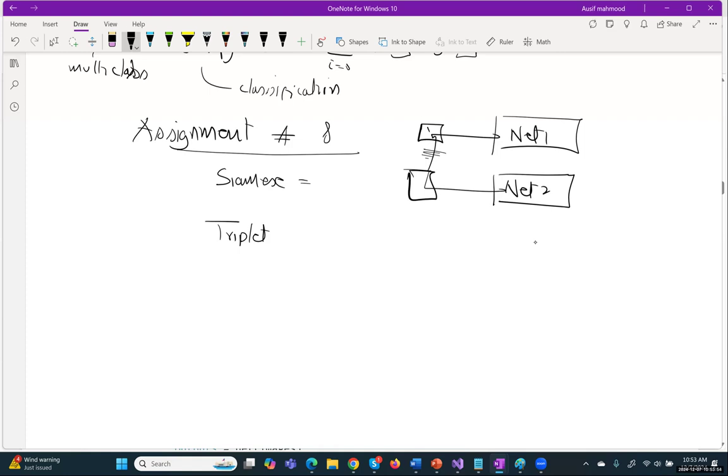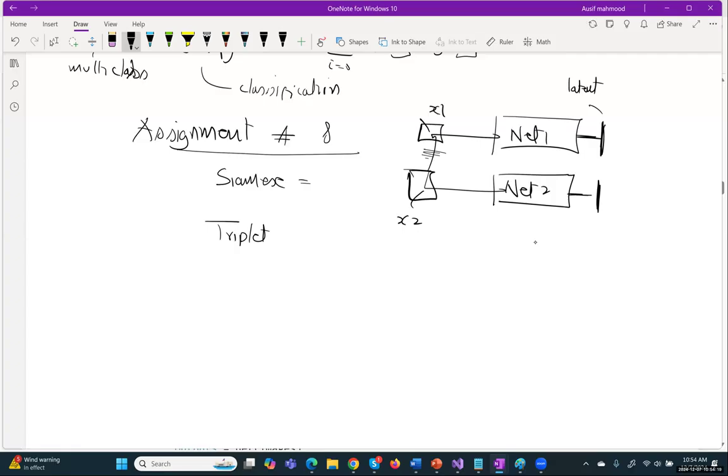Let's say this is X1, this is X2. Each one of these, let's pretend it's a CNN. At the end, before the classification, it will produce a latent representation of the input, right? This will also create a latent representation of the input.